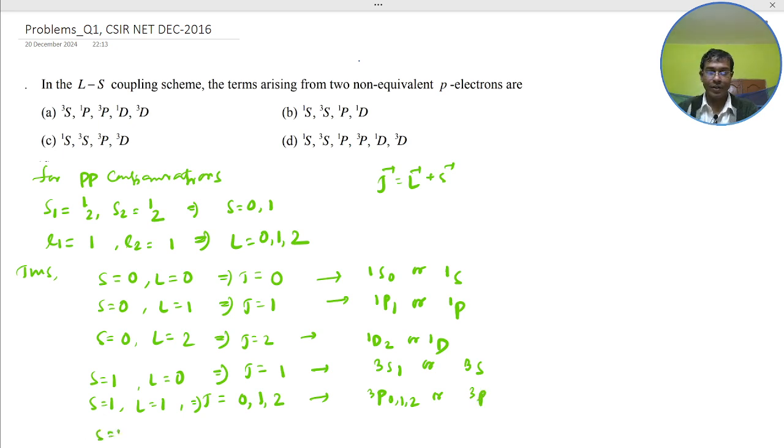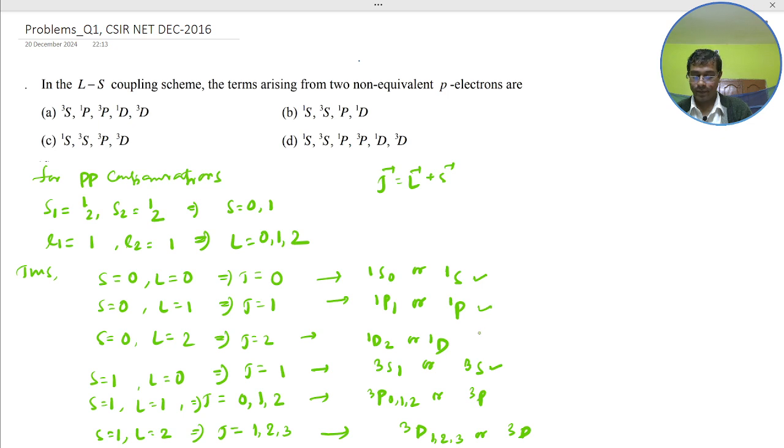Last one, S1 and L2, so J value 1, 2, 3 and we get 3D 1, 2, 3 or 3D. So finally our result is 1S, 3S, 1P, 1D, 3D. So basically D would be our correct answer.